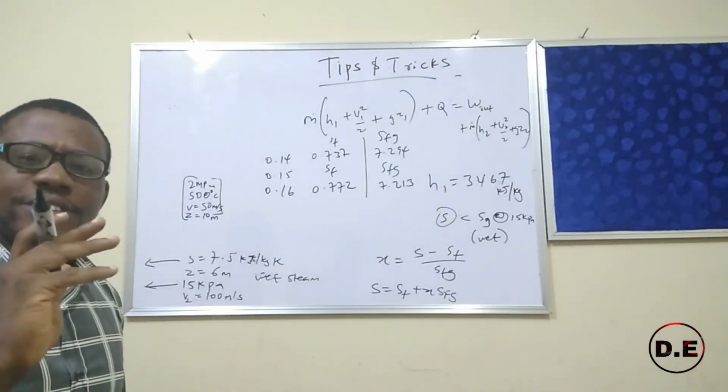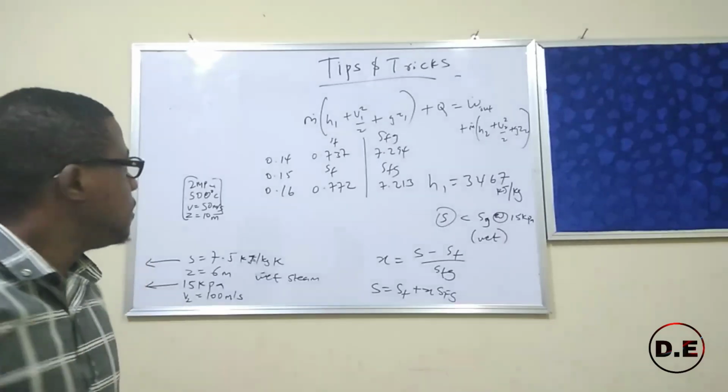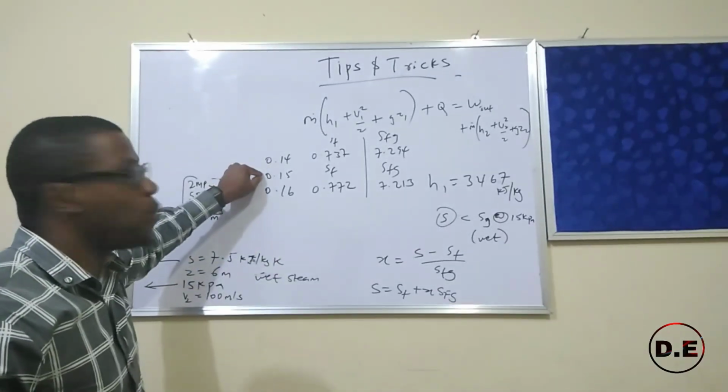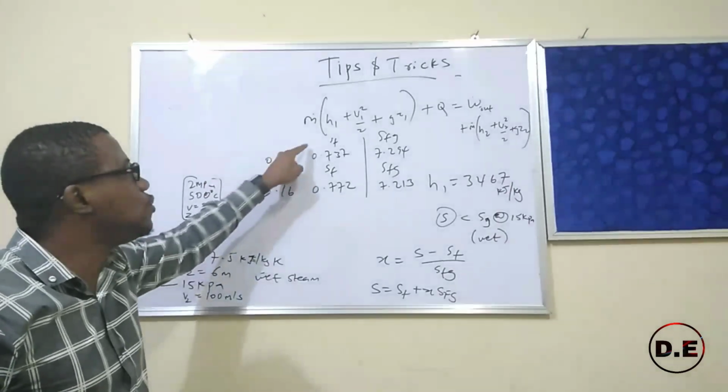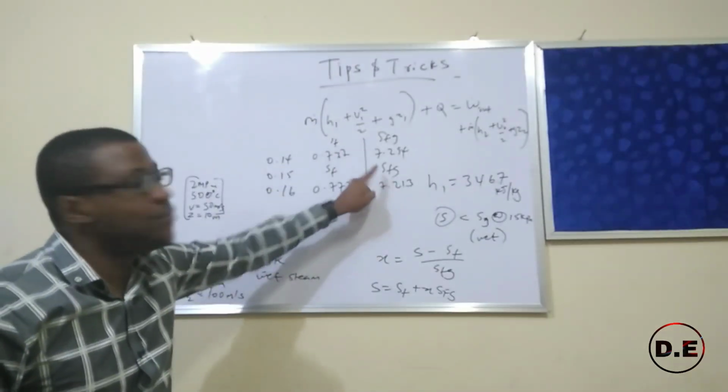Right now we'll step to our calculator to give us those values. But there's a trick I should show you. You can see that 0.15 is the average of these two. So all I need to do is add these and divide by 2.